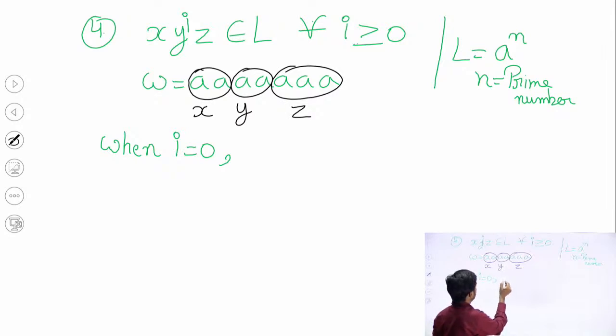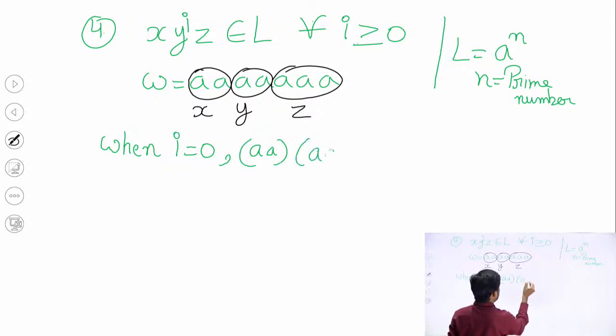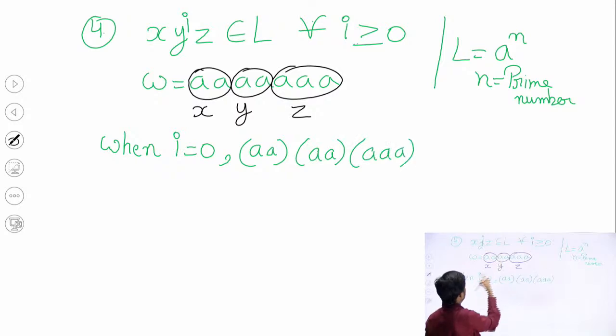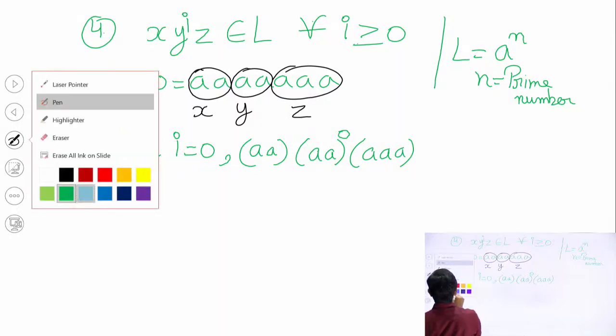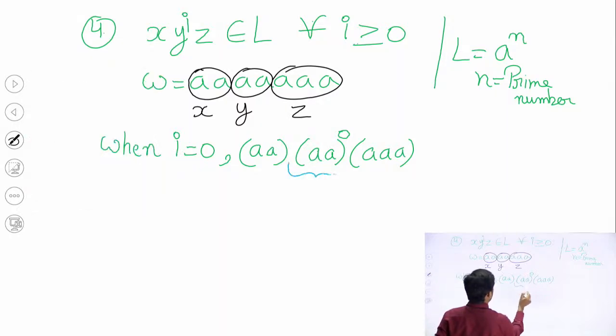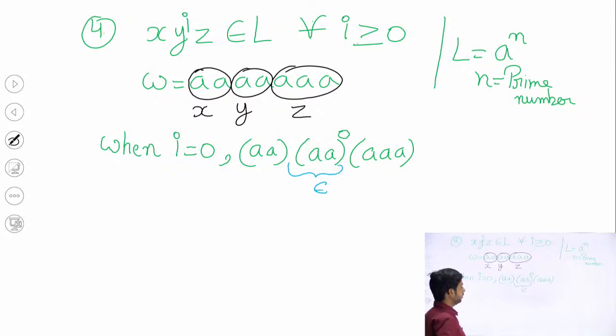What is x here? a. What is y? a, and what is z? 3 times a. And y raised to power i is 0, so the value of this statement will be epsilon. Epsilon means string of length 0.